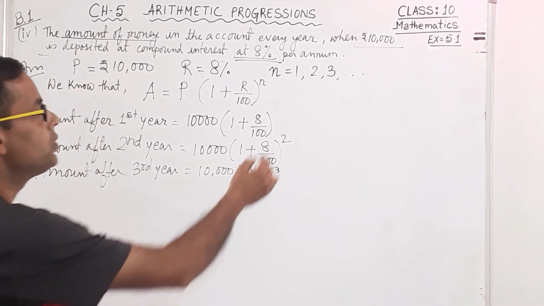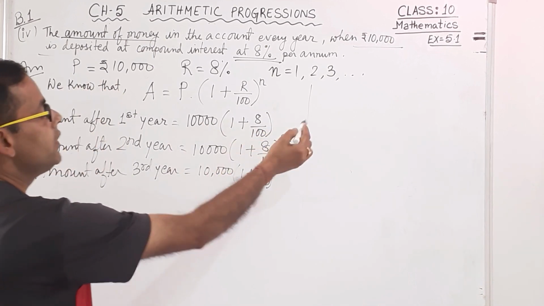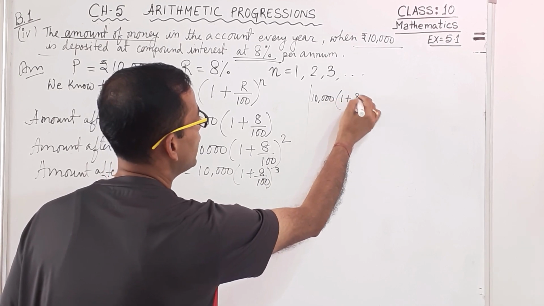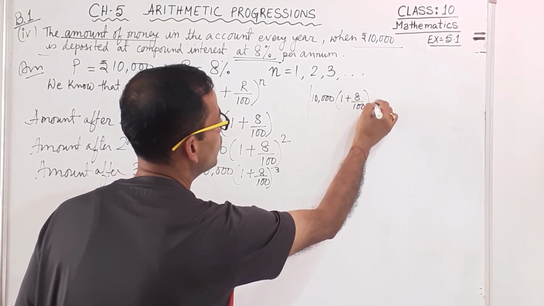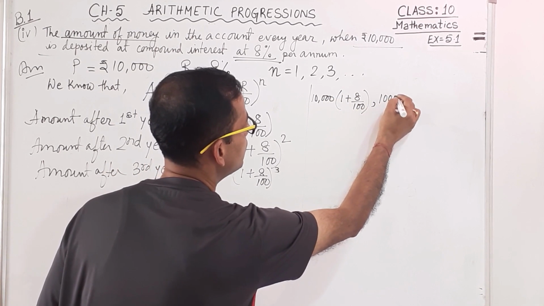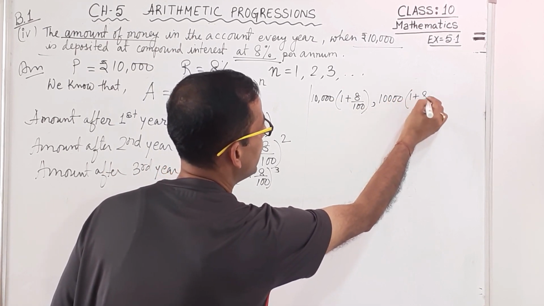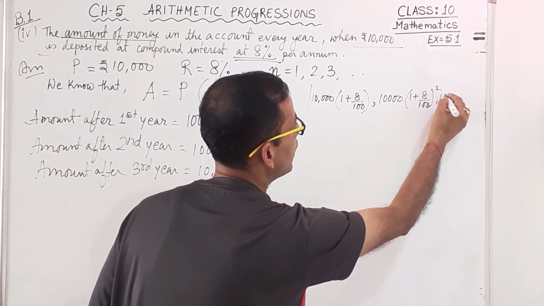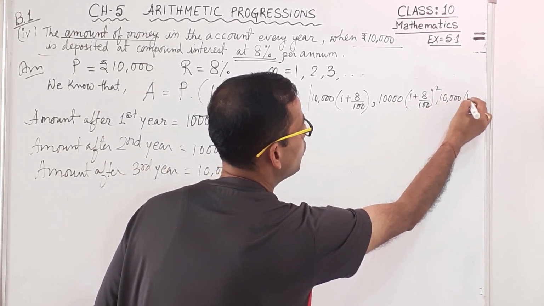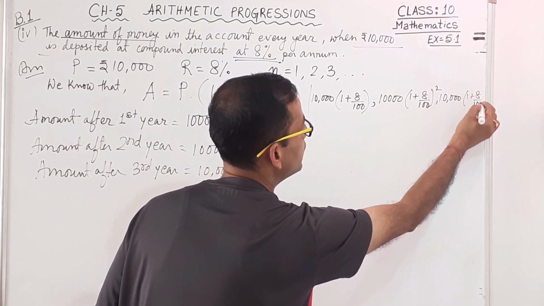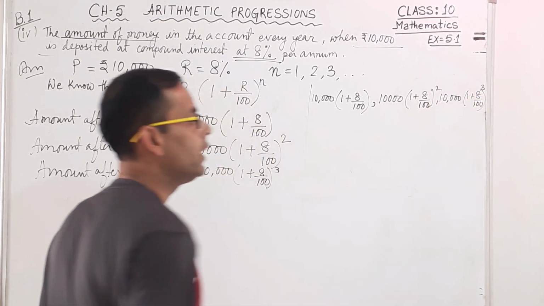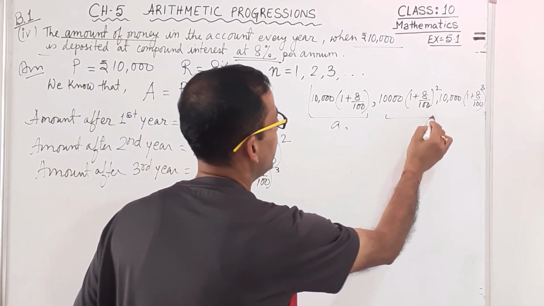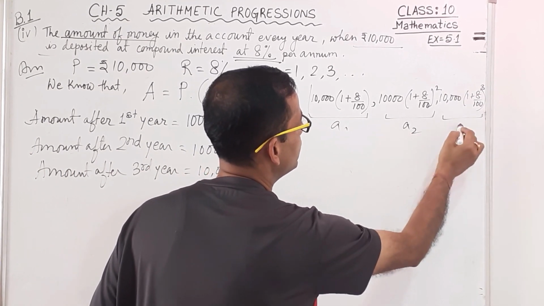So here also, if you see nicely, these are the three things: 10,000, 1 plus 8 by 100, comma 10,000, 1 plus 8 by 100 to the power 2, and another one is 10,000, 1 plus 8 by 100 to the power 3. Okay, so this is A1, this is A2, this is A3.